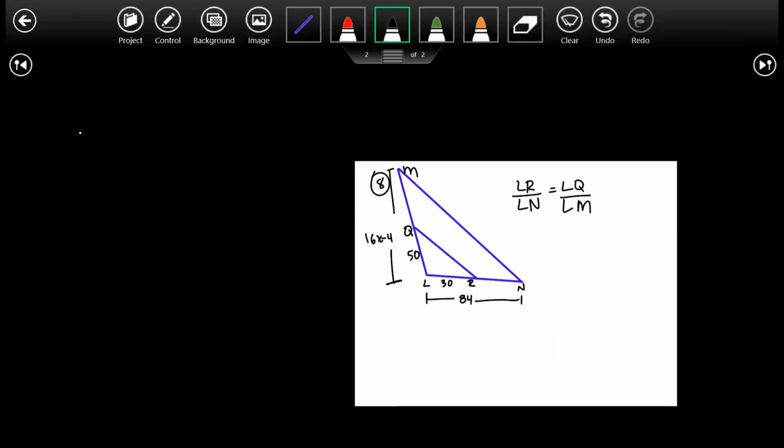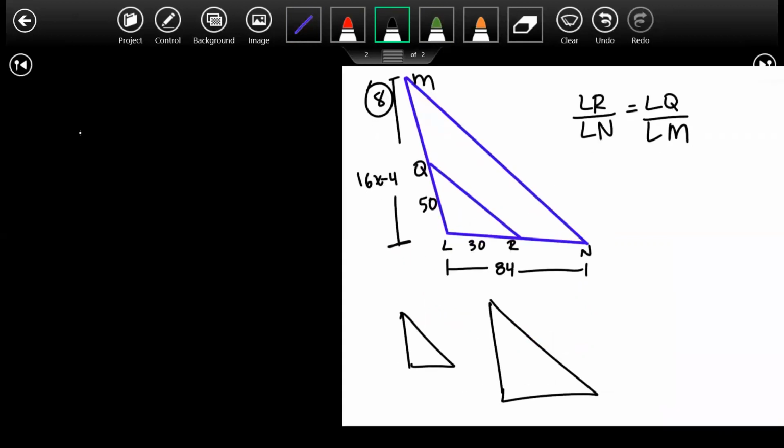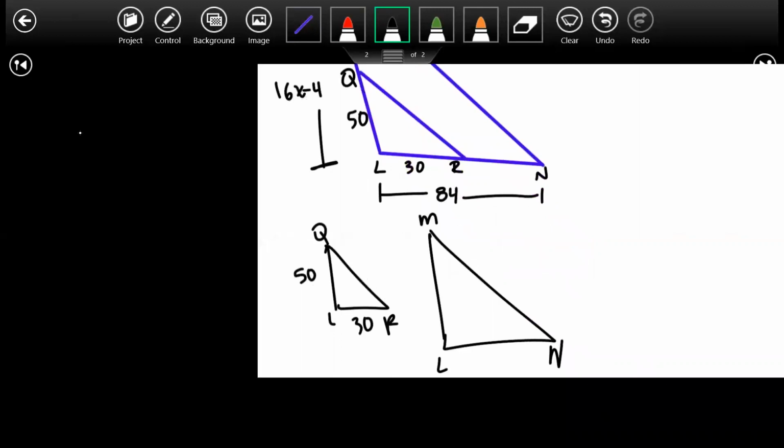If you also want to think about it, we can split these into two different triangles, larger and smaller, where the smaller will be Q, L, and R. This would be 30, this would be 50. This would be M, L, and N. This one would be 84, this side would be 16x minus 4.